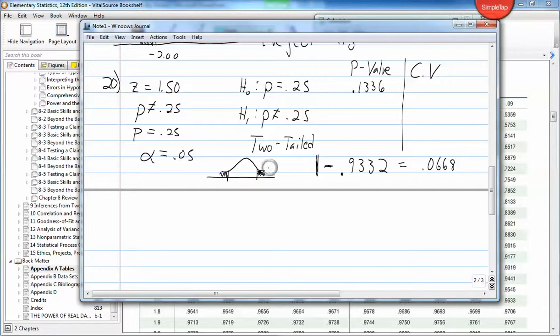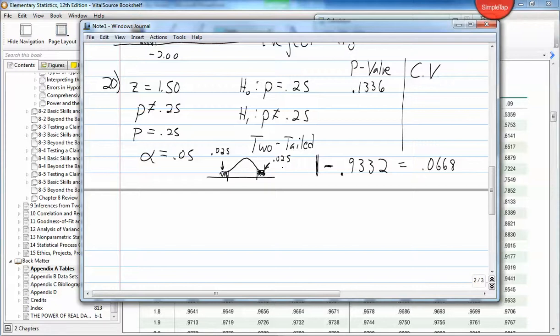So for the critical value, we want both of these areas to add up to be what? 0.05. So that means since it's two-tailed, we have to say 0.05 divided by 2. So we want an area of 0.025 on each side. All right, so we're going to have a positive and a negative critical value.